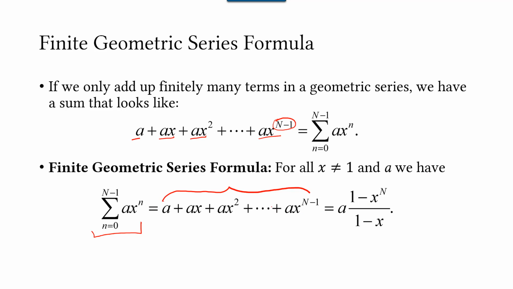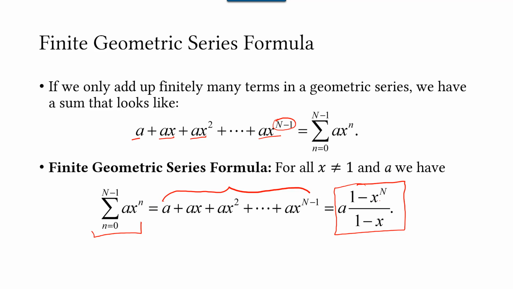So we might have 7 terms on the left, we might have 8, we might have 100,000 terms, we might have 1 trillion terms. But however many terms we have, we can use the right-hand side of the formula to really simplify the work we have to do.